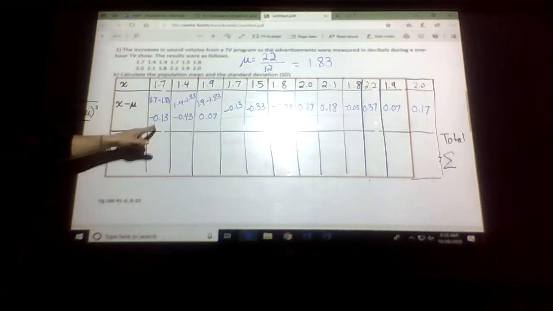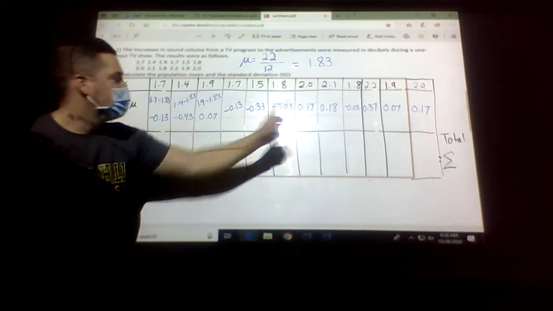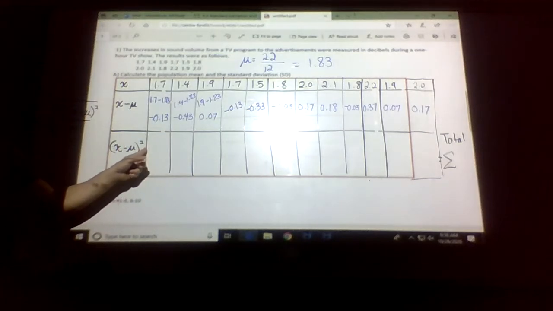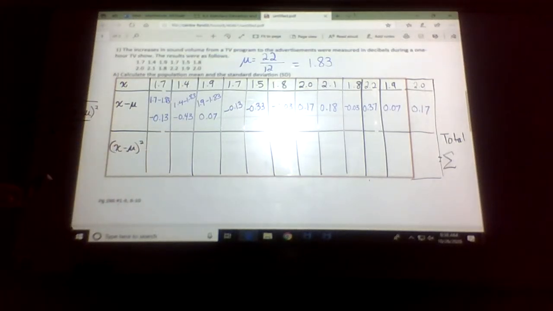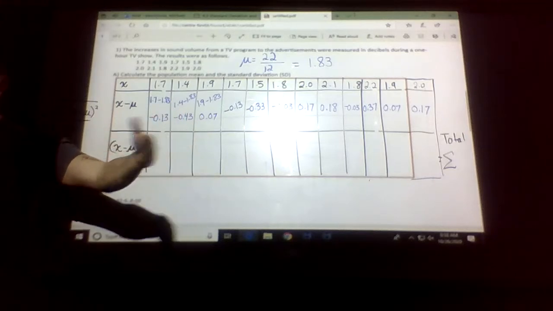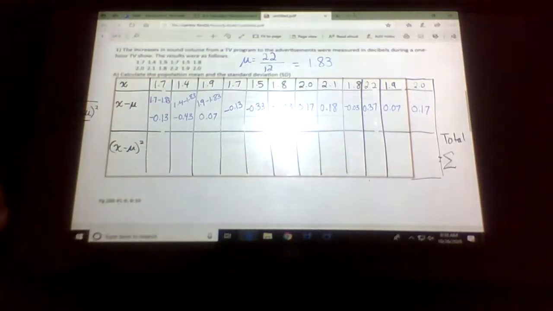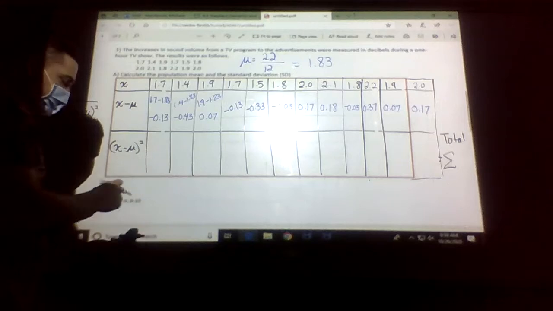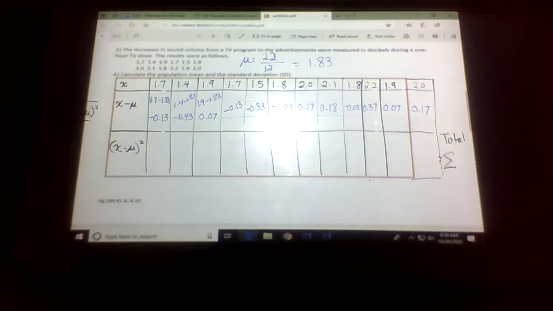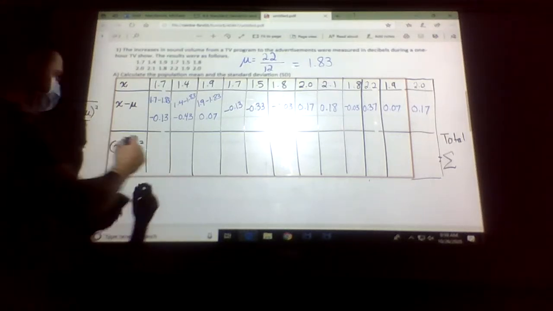So now we're taking all these numbers and we're going to square them. What happens when you square it, they all become positive. You should not have any negative values in this row here. And I'm going to keep a bunch of decimal places so my answer is more accurate.